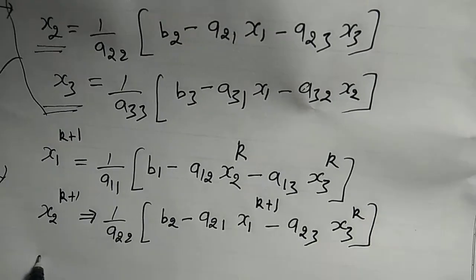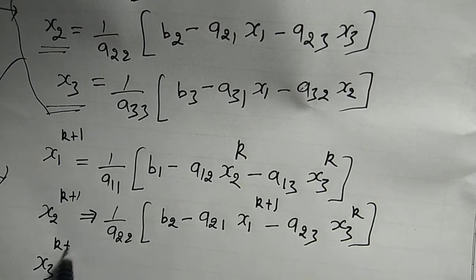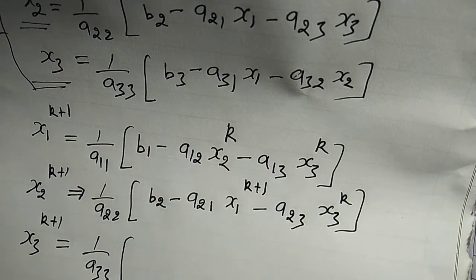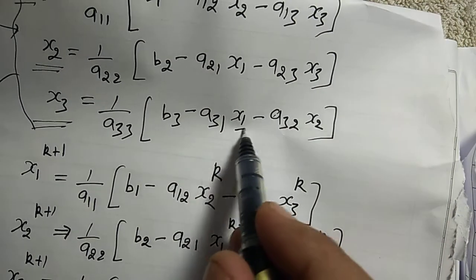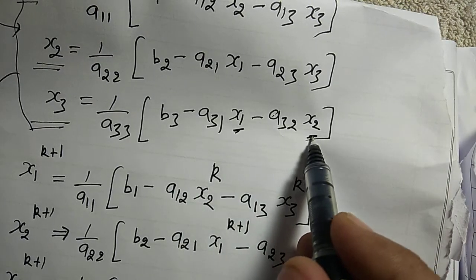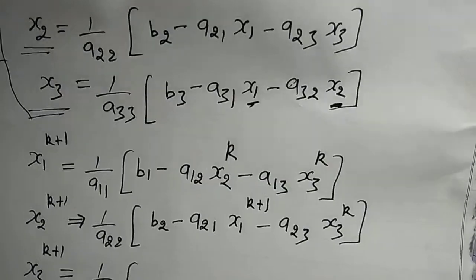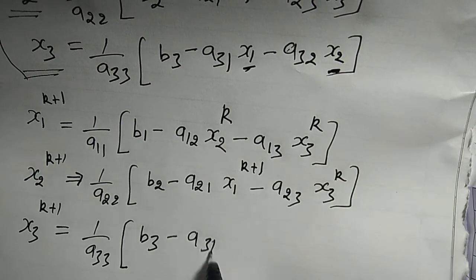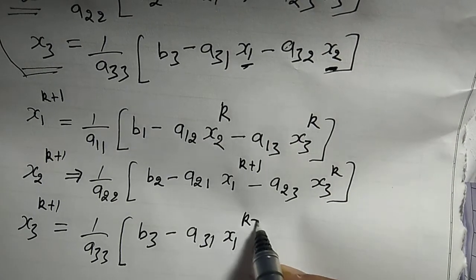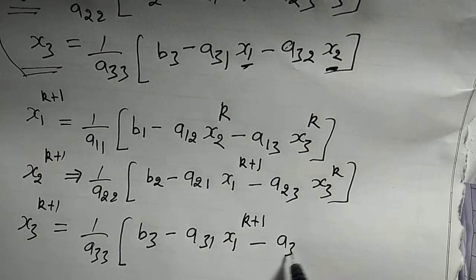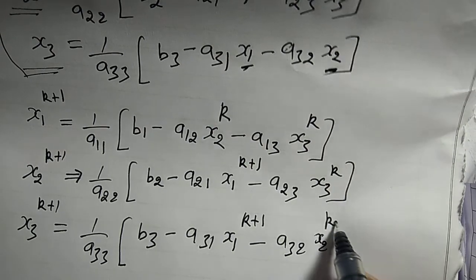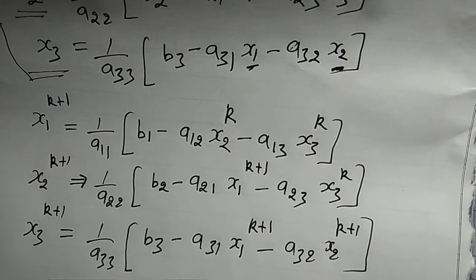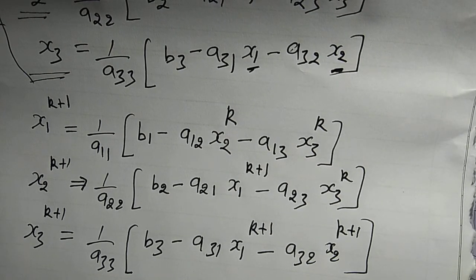Okay, now the third one, for x3(k plus 1) it will be 1 upon a33, and now we have x1(k plus 1) and x2(k plus 1). So we use the updated values of x1 and x2. So we can write b3 minus a31 x1(k plus 1) minus a32 x2(k plus 1). So in the Gauss-Seidel method we use the updated values of the variables.